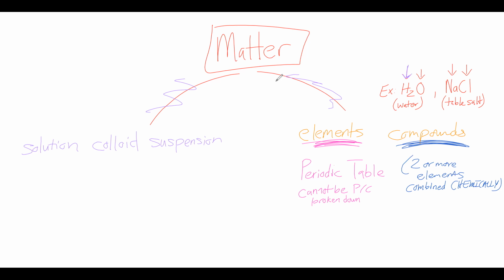Oxygen is a gas that we need to live. But when I chemically combine them, it's a liquid that we also need to live. So the properties are totally different. It looks different. The chemical properties, like whether it's flammable and all that, are totally different. Same thing for table salt.